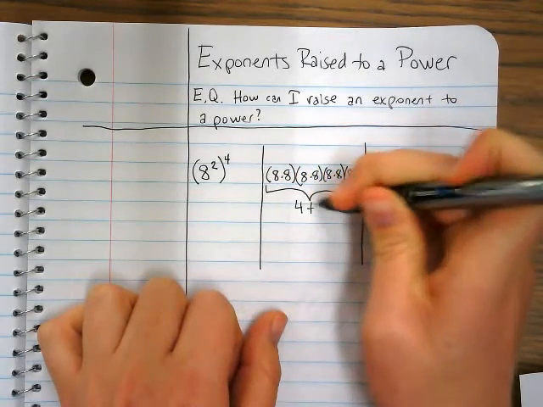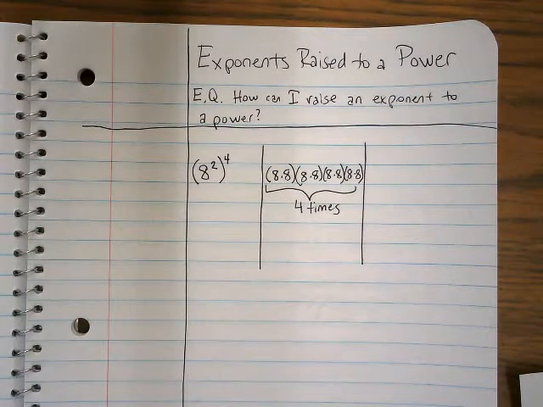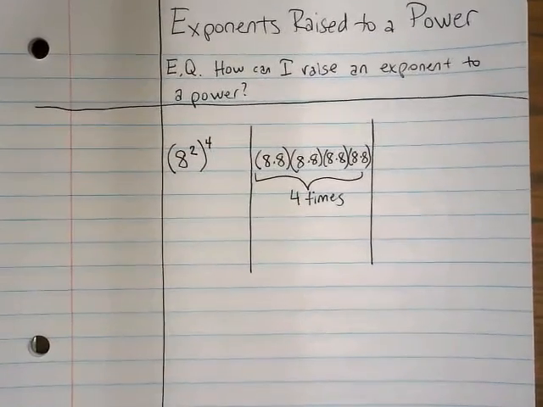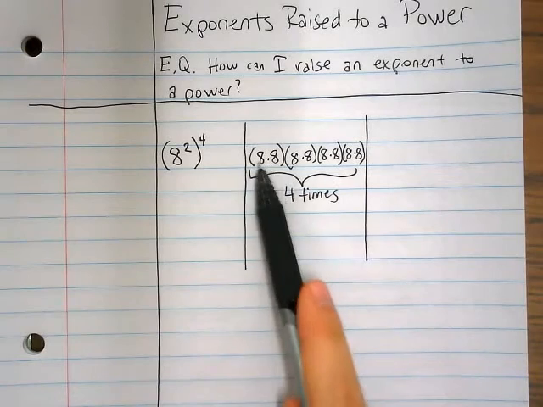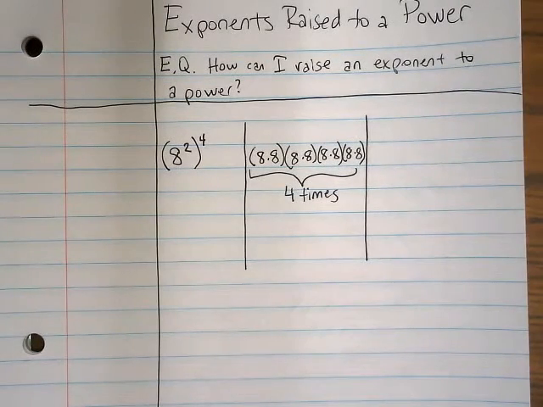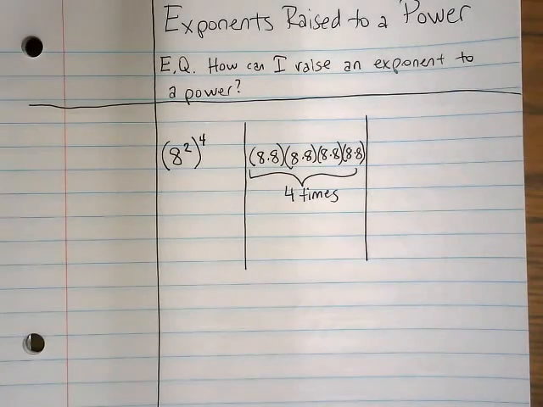So we've got that written down 4 times. And if we look at this, we can really see that we've got 1, 2, 3, 4, 5, 6, 7, 8. So we can see that we've really got 8 to the 8th power.